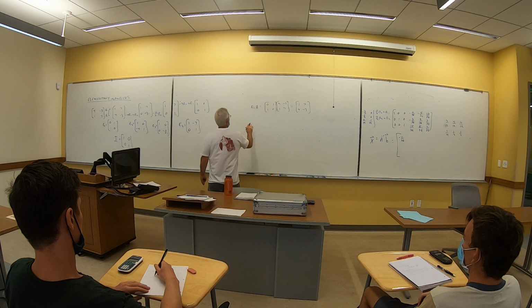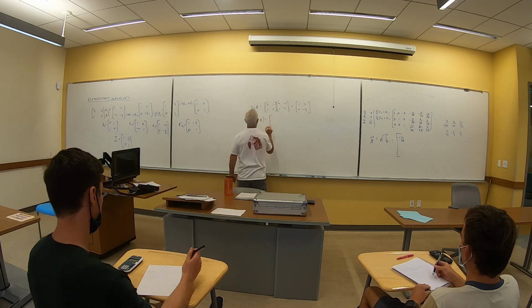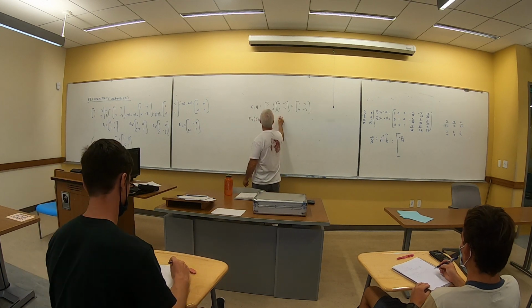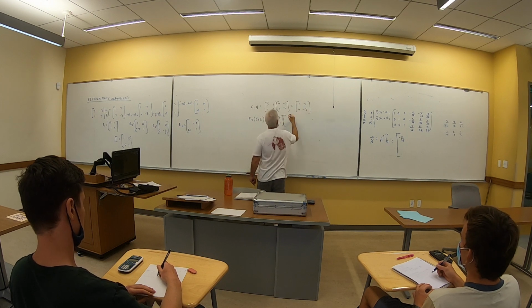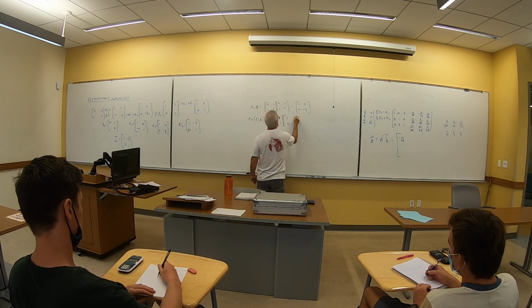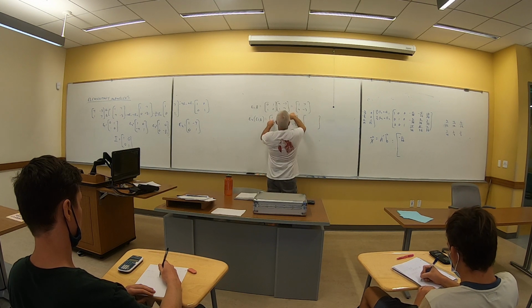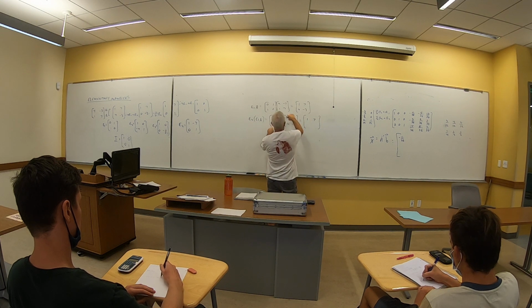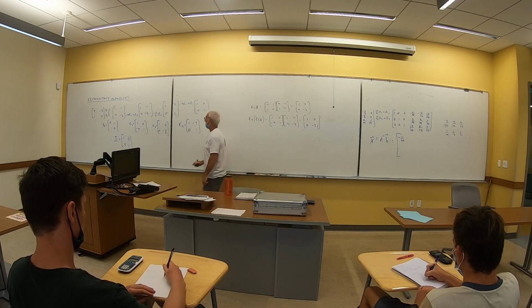Now, let's do E2 times E1A. That means I want to take my E2 times this guy right here. 1 plus 0, 7 plus 0, negative 4 plus 4, negative 28 plus negative 3.